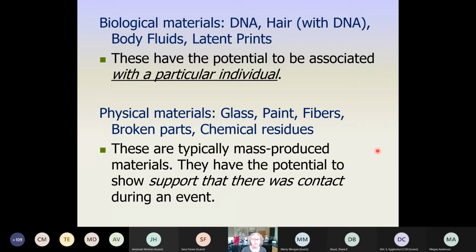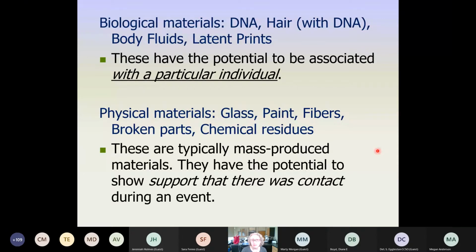So if you have this type of evidence, you might get a report where this print was identified to person X, or this DNA sample, or this swab, or this blood, has such and such likelihood of being from this individual. On the other hand, physical materials cannot be associated with a particular person.